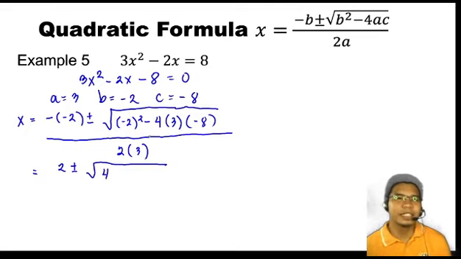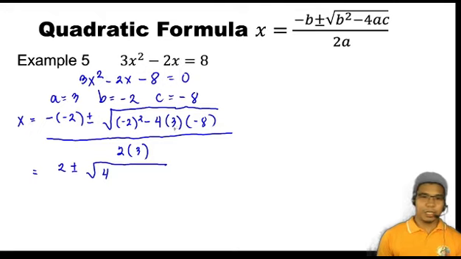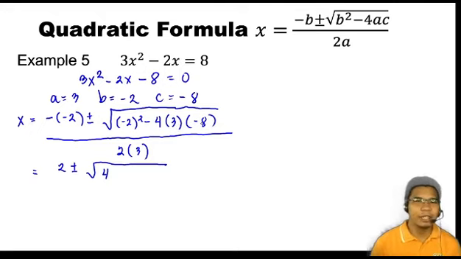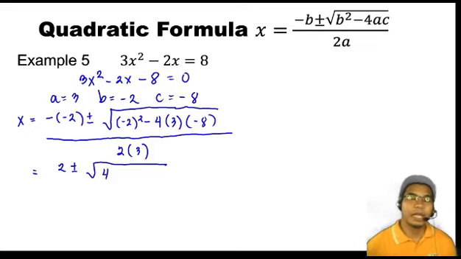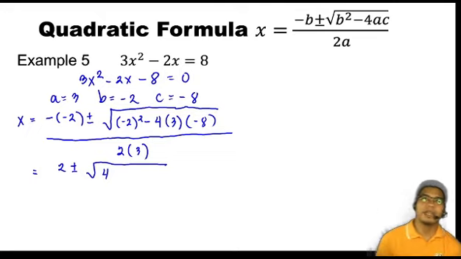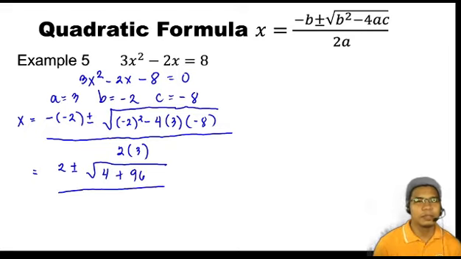Negative 4 times 3 is negative 12. And negative 12 times 8. So we have 80. Tapos 2 times 8 is 16. So we have 96. So plus 96, all over 2 times 3, we have 6.